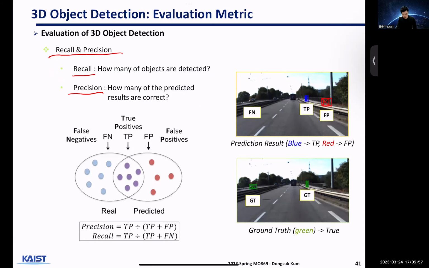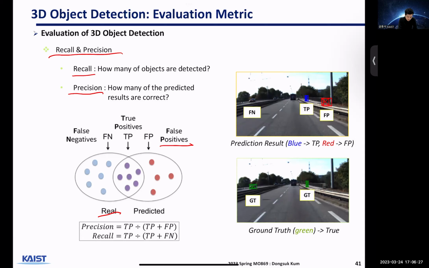So what that means is, when you have these real labels, the ideal case is that you have 0 false positives and detect all labels.